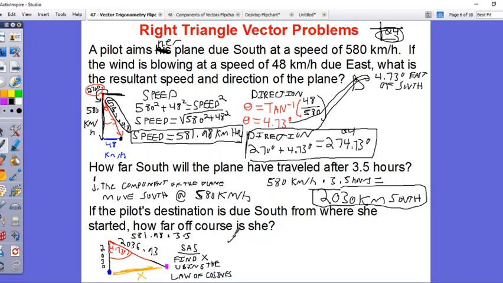So we know that x squared is equal to 2030 squared plus 2036.96 squared minus 2 times 2030 times 2036.96 times the cosine of 4.73 degrees.